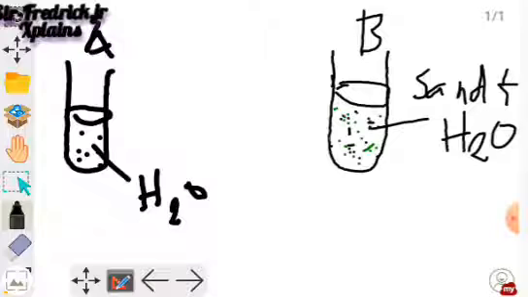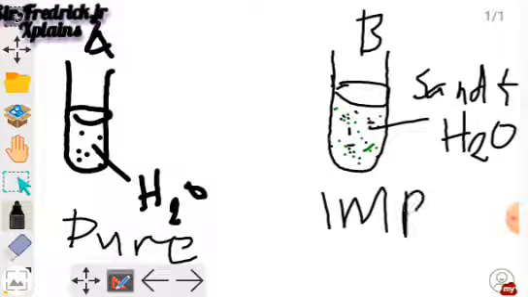So the difference between these two beakers is that A is a pure substance, and B is an impure substance or a mixture. That's it. So this one is pure, this one is an impure substance.